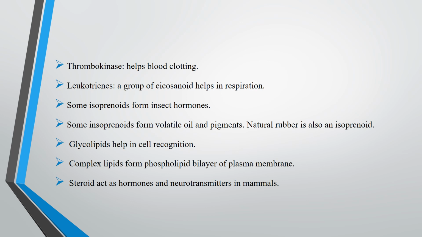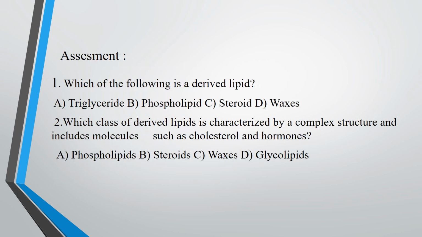Some isoprenoids form sex hormones. Some isoprenoids form volatile oils and pigments. Natural rubber is also an isoprenoid. The glycolipids help in cell recognition. Complex lipids form the phospholipid bilayer of the plasma membrane. The steroid hormones act as neurotransmitters in mammals.